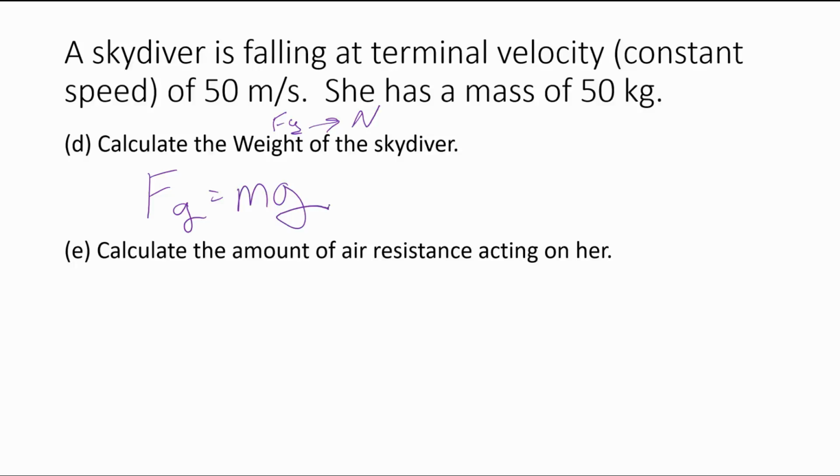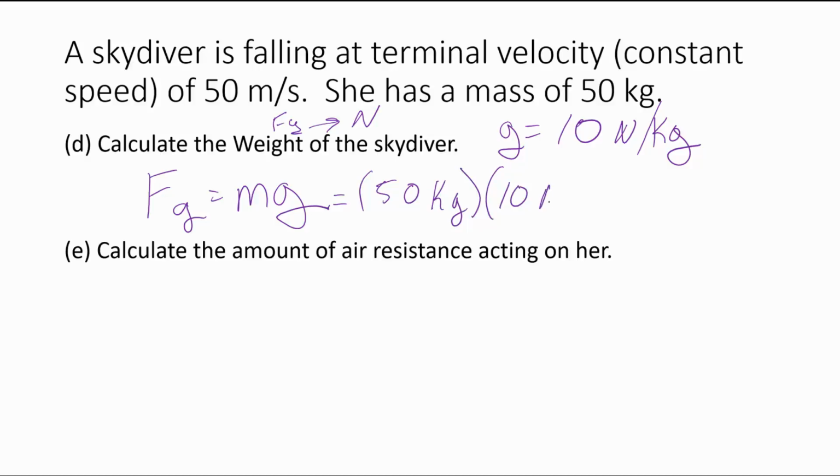Remember from our force of gravity versus mass lab, if we take the mass of an object in kilograms and multiply it by g, which is 10 newtons per kilogram, or 0.01 newtons per gram, as you found in the lab, then that is going to give us the weight or the force of gravity. So her mass is 50 kilograms. We're going to multiply that by 10 newtons per kilogram, and that comes out to 500 newtons because the kilograms cancel out.